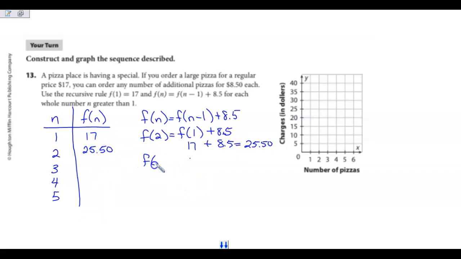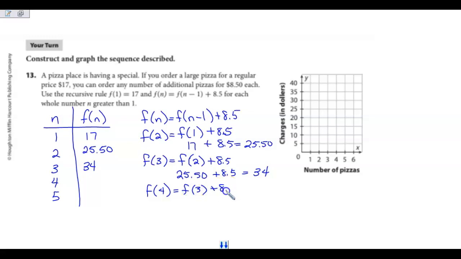And then for our third term, 3 minus 1 is 2. So if we look at our second term, we had $25.50. So $25.50 plus $8.50, and we're going to get 34. And then our fourth term, 4 minus 1 is 3. So our third term plus our $8.50.